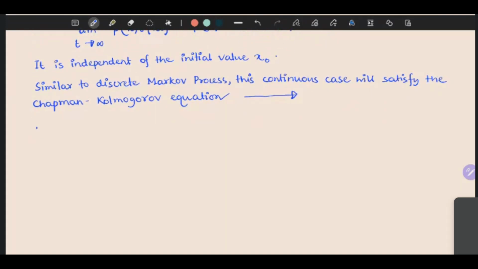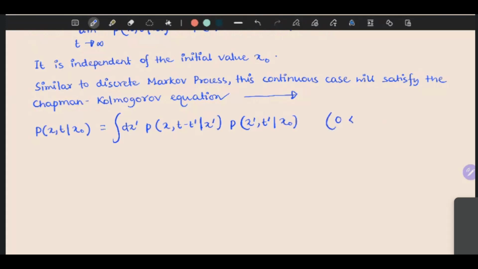So that will eventually become like this: p of x t given x naught is equal to the integral dx prime p of x t minus t prime given x prime, times p of x prime t prime given x naught, where t prime is in between t and 0.